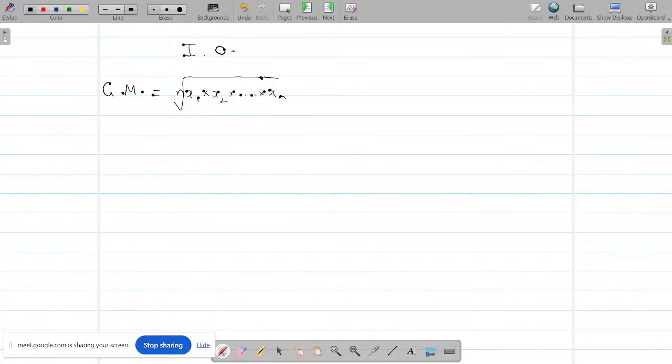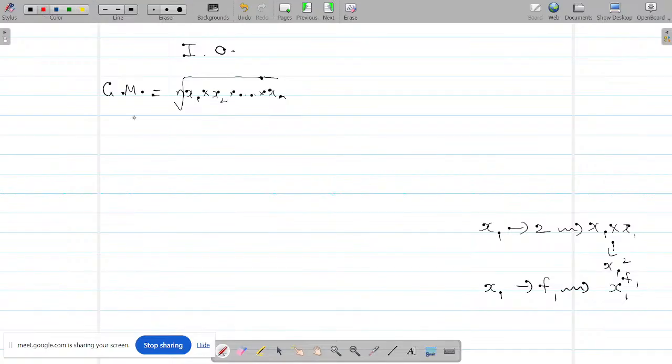If I have x1 appearing 2 times, in the geometric mean I'll be taking this as x1 into x1, which is nothing but x1 square. Am I right? In case this x1 appears f1 number of times, then in geometric mean I'll be taking this as x1 power f1. Is this point okay?